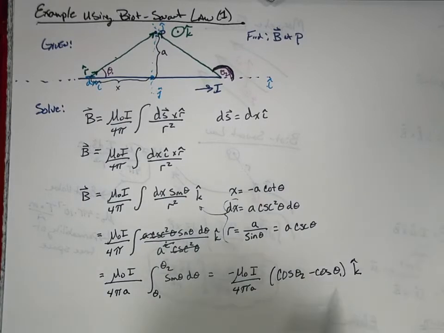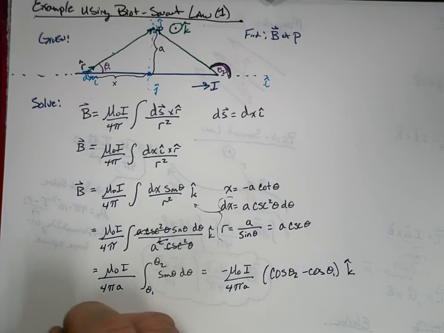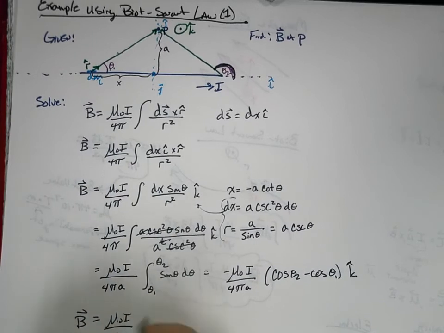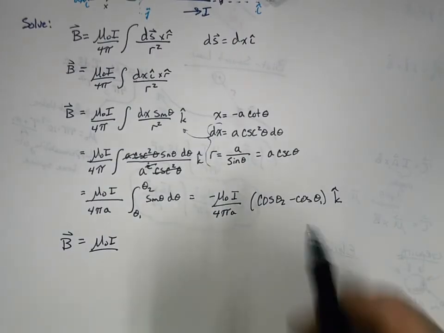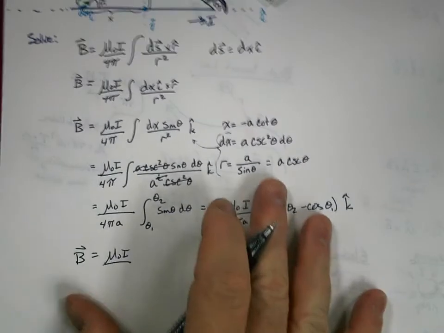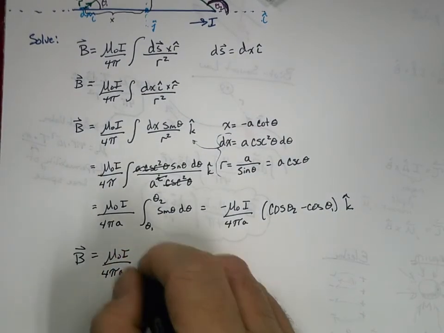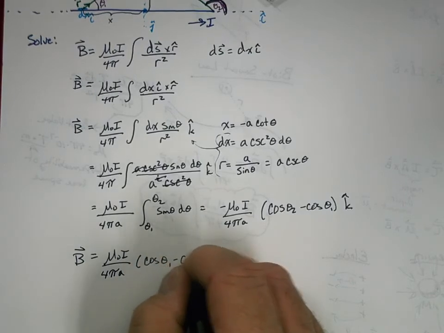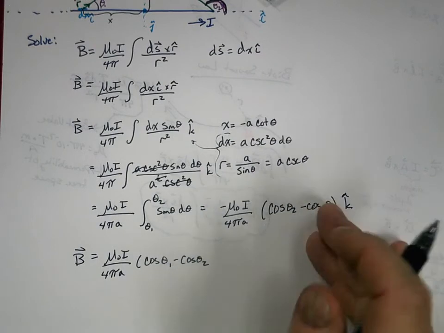Or we can multiply that negative in there, and all of a sudden we have our magnetic field equal to mu naught I over 4 pi a times cosine of theta 1 minus cosine theta 2. I say 'all of a sudden' mockingly; it took us a while to get there. Remember, we multiplied the negative in there, which lets us switch them.